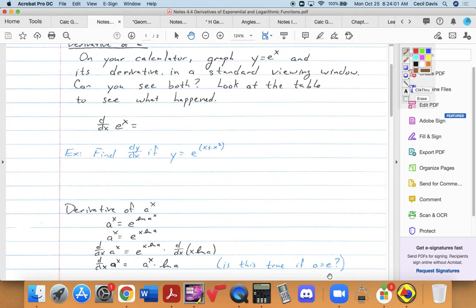By the way, is this true if a equals e? Well, if a was equal to e, this would be the derivative with respect to x of e to the x equals e to the x times the natural log of e. And what is the natural log of e?